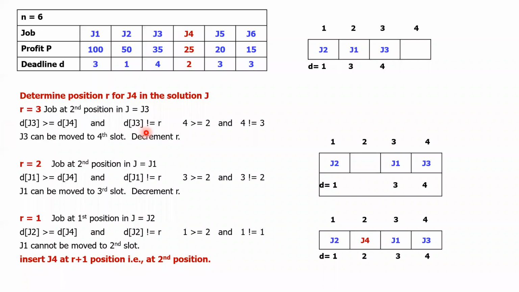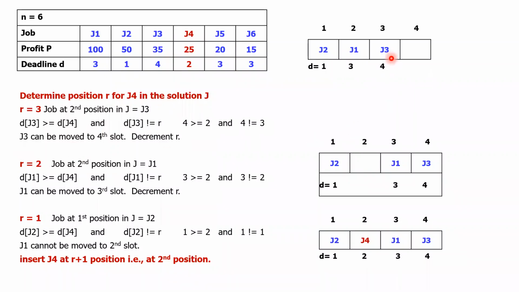If these two conditions are true, then J3 can be moved to the right side. Currently J3 is in the 3rd time slot. It can be moved to the 4th slot. It's possible.